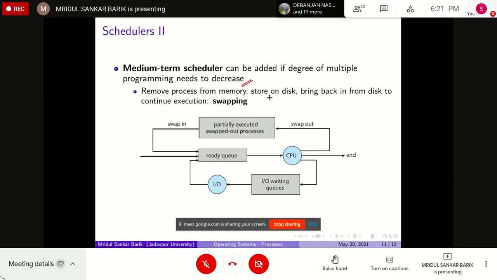For example, say there are n number of processes in memory. They are executing, but due to some reason, the degree of multiprogramming, which is currently 5, has to be reduced. It might be that one of the processes is a high priority process and it requires much more memory as compared to that.